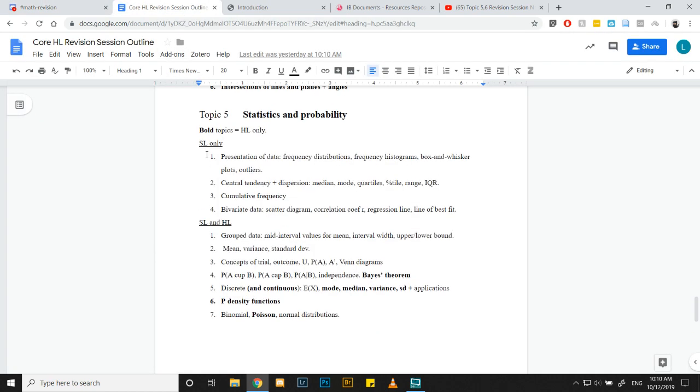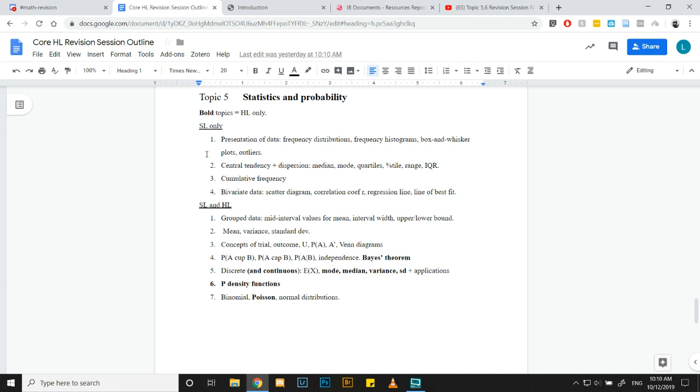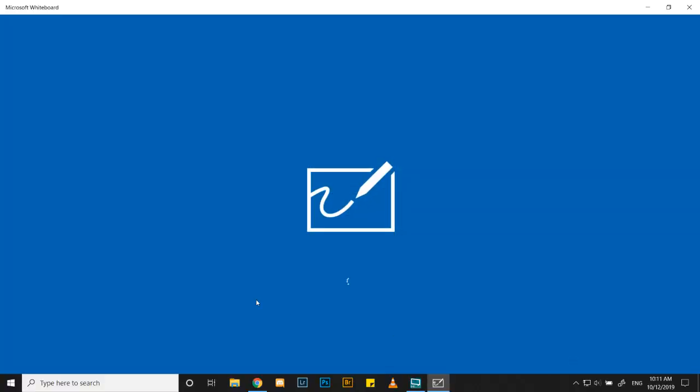So we start off with statistics and probability. You have frequency distributions, frequency histograms, box plots, and outliers. Frequency distributions are super simple.